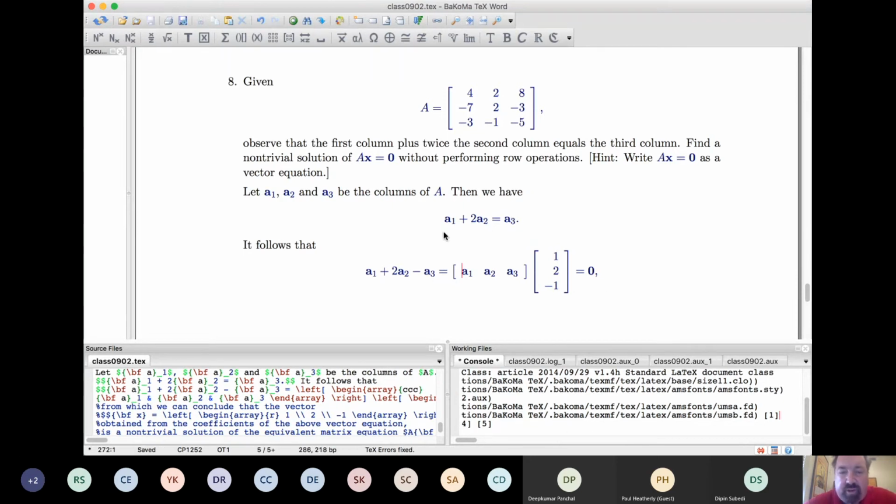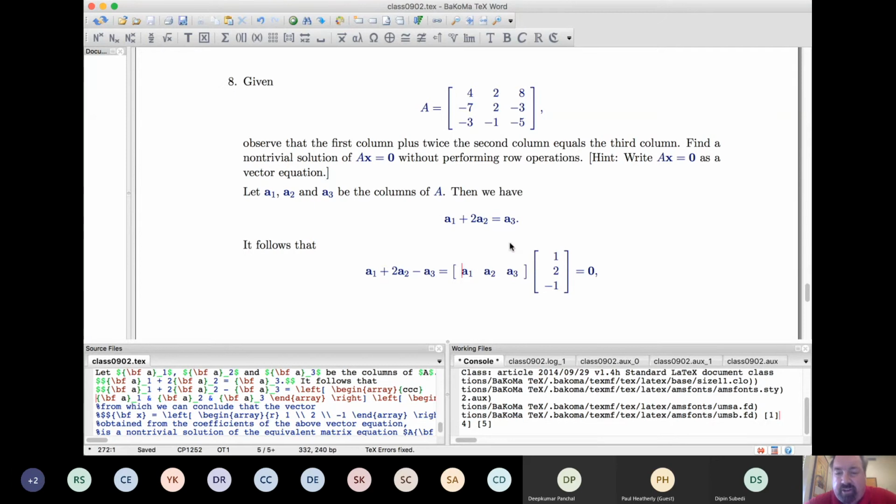Then what I want to do is express this vector equation as a matrix equation. So writing it this way, A1 plus 2A2 minus A3, is the same as writing it this way: we have a matrix [A1 A2 A3] times this vector. The coefficients of the linear combination, 1, 2, -1, go in this vector right here.